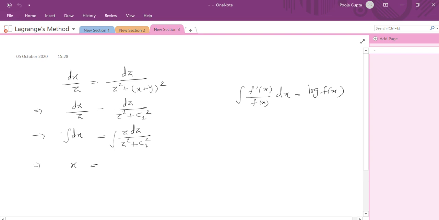Let's multiply both sides by 2. So if this is f(z), then f'(z) will be 2z. After integration, this will be log(z square + c1 square), and there will be some other constant, say c2 dash. We can write this as log(z square + c1 square) = 2x - c2 dash.